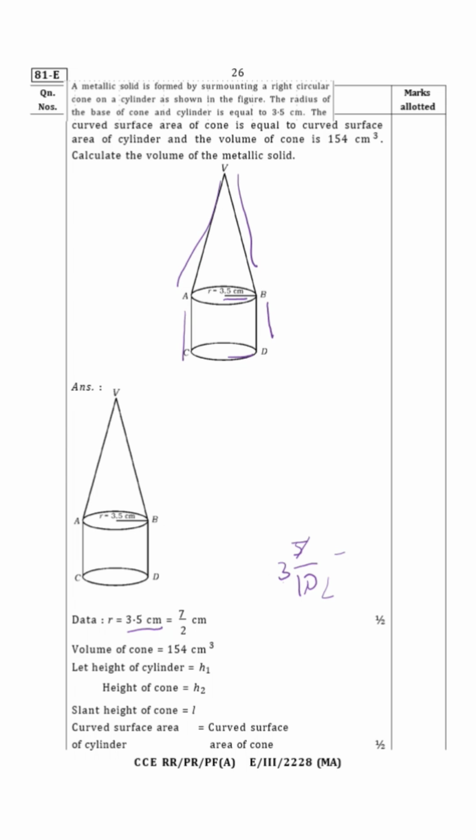Let the height of the cylinder be h1. We are not given it, isn't it so? Height of the cone is h2. Slant height of cone is L. This is L, this is h2, this is h1. And we have curved surface area of cylinder is equal to curved surface area of the cone.